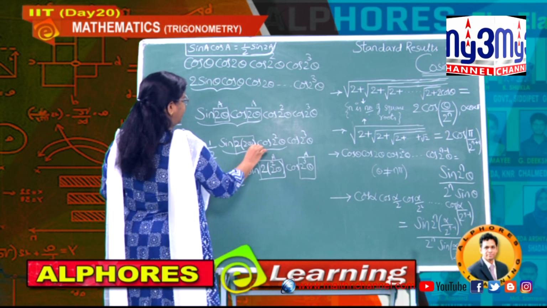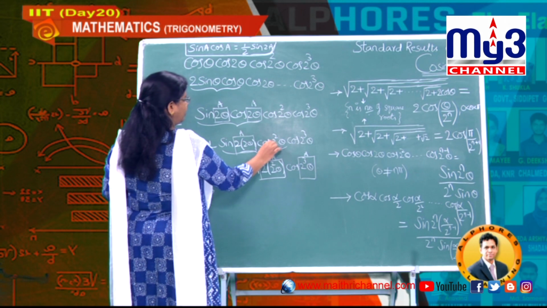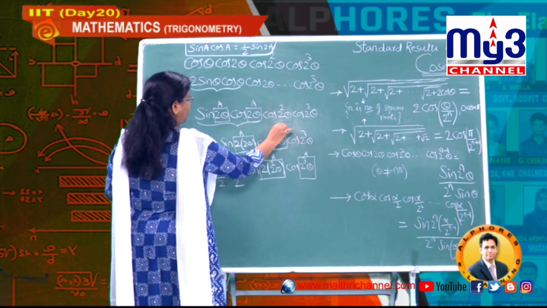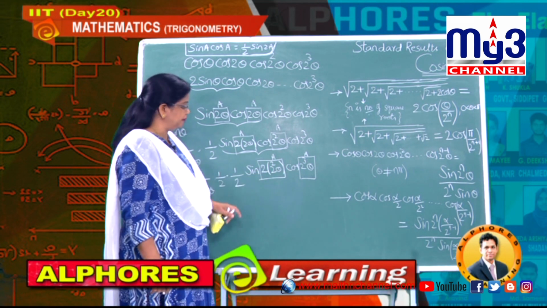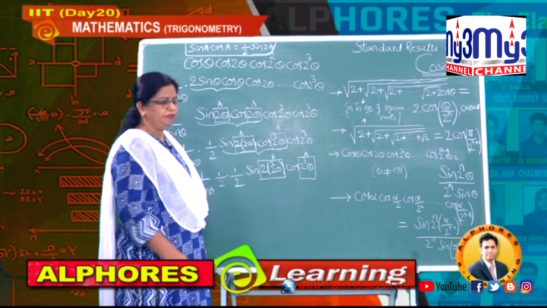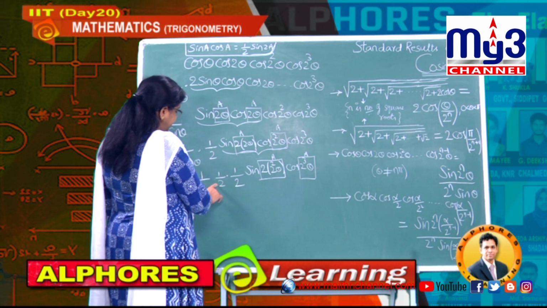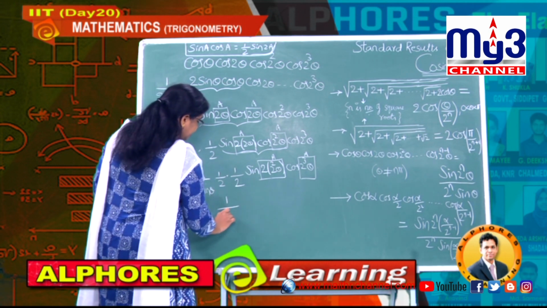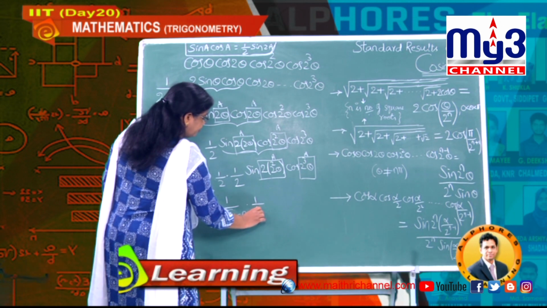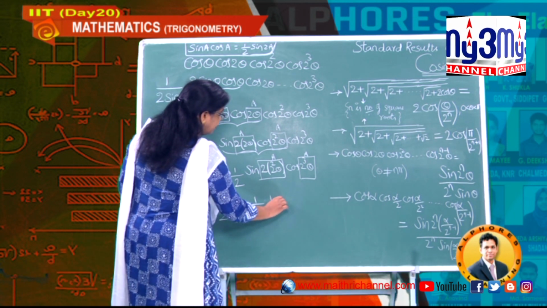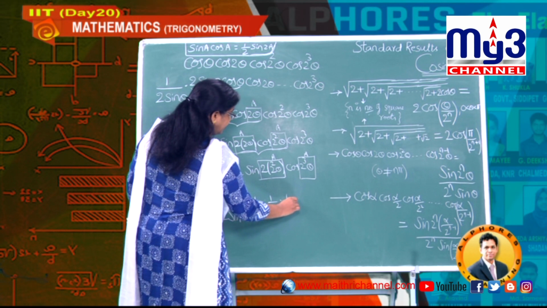Here this is your angle A, 2 square theta, 2 square theta, and now here the angle is what, students? 2 cube theta, 2 cube theta. So sin A cos A. Again if I write now altogether you got 1 divided by 2 sin theta, this is 1 by 2, again 1 by 2, now one more 1 by 2 you got.